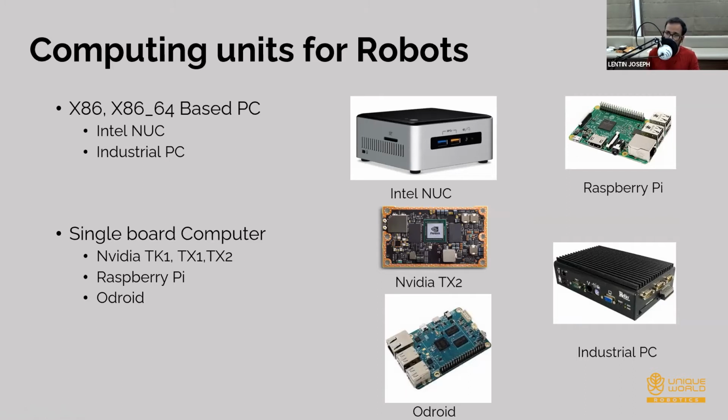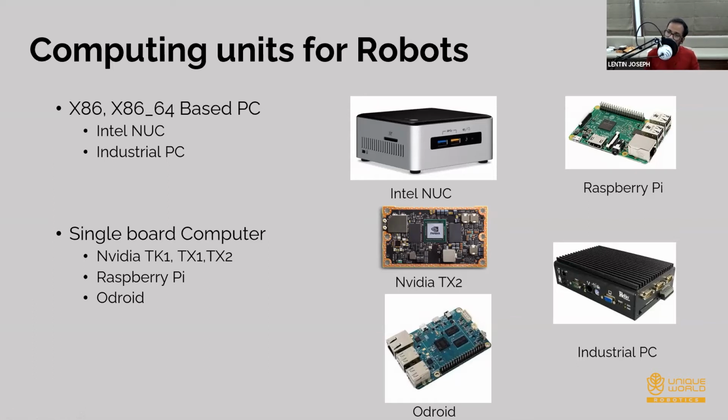Single board computer means the entire computer is miniaturized to a single board. You can see the Raspberry Pi board, which is a very popular board, having an SoC, system on chip, with processor, GPU, RAM, and everything. It also has USB ports. So it's like our laptop or computer.